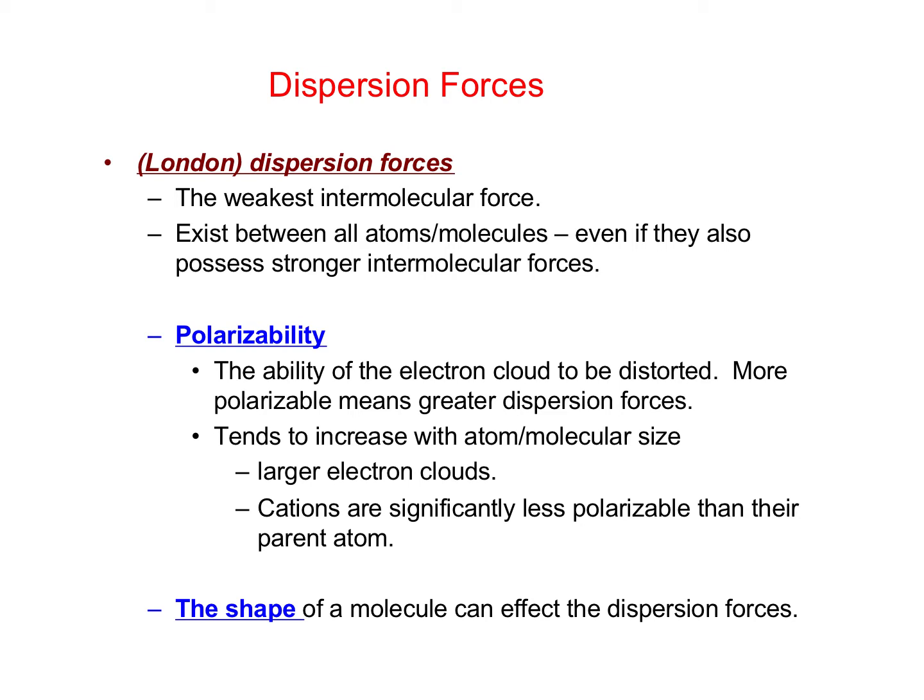The larger the electron cloud, the more electrons you have, the easier it is to distort them. So generally bigger atoms, or bigger molecules, are going to be more polarizable, and they're going to have stronger dispersion forces. It turns out the shape is also very important, and it can impact the strength of the dispersion forces. We'll look at that in a little more detail on the next slide.